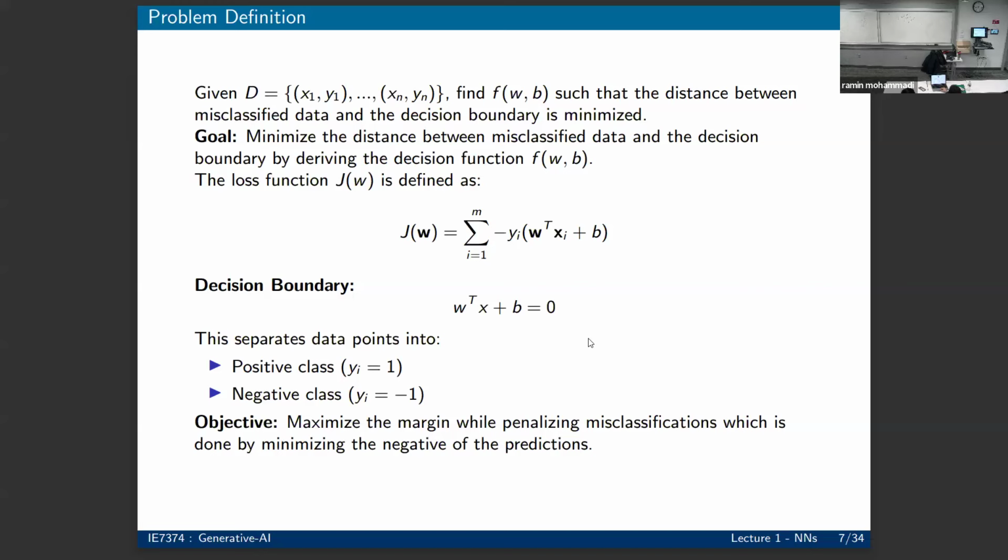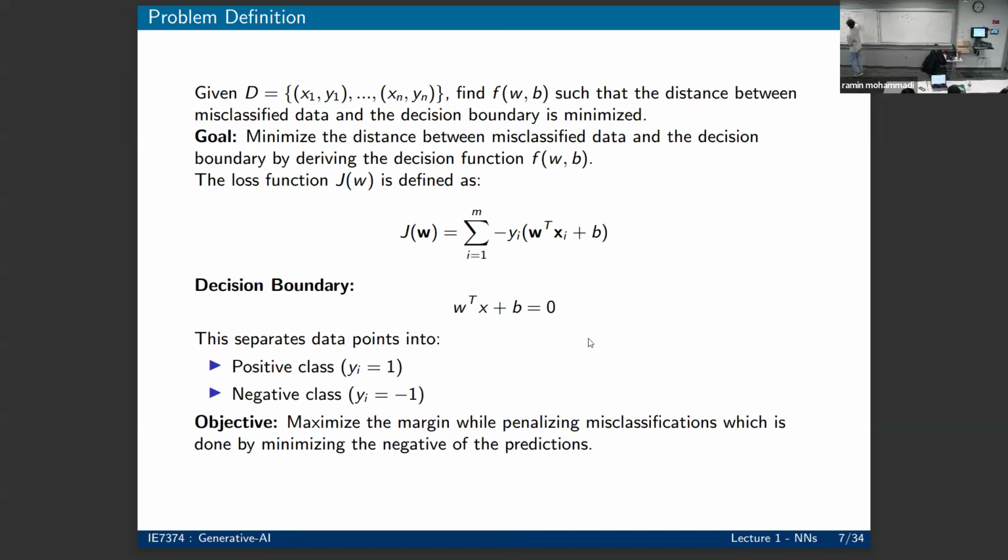So W transpose xi plus b is the value that you get for any classification. So if you have this point versus this point, and this is your decision boundary, any points above should have W transpose xi plus b positive, right? Any points below should have a negative value, right? But these points below have a label -1, these points above have a label +1, right?